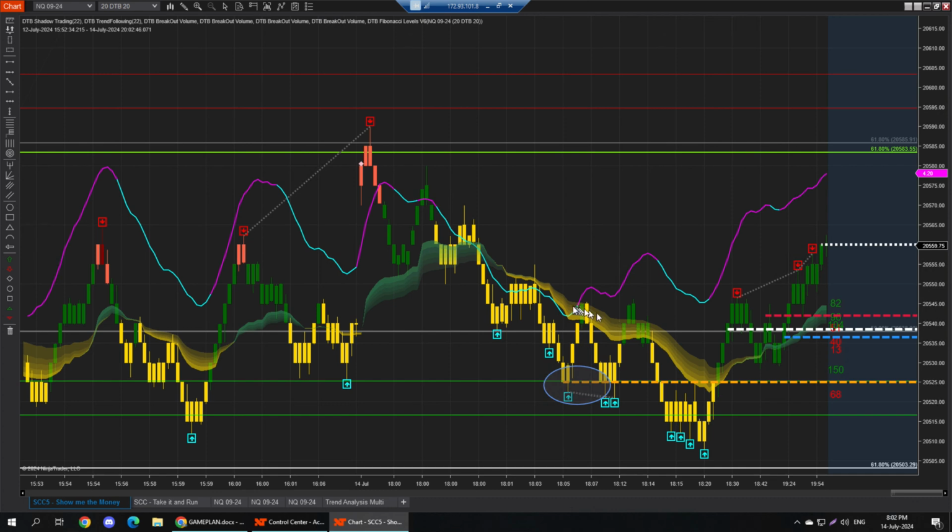Now remember, we had this band over here which served as a resistance to price, so that would have been a small scalping trade up. We had the price bounce off there again, which would have been another opportunity. And then we had the price actually break through this level to the downside, but we had quite a few of these arrows over here. So not really a time to be going short over here.